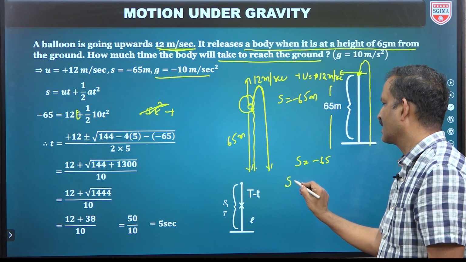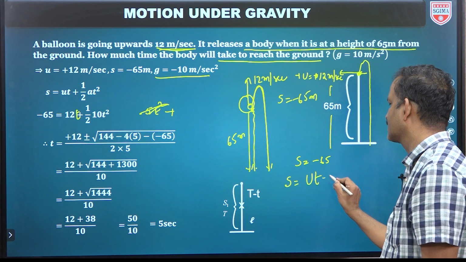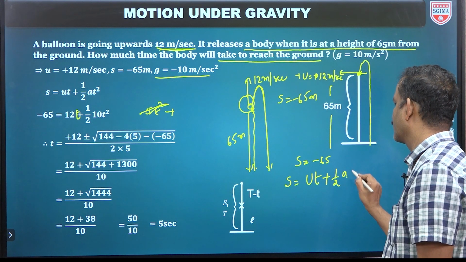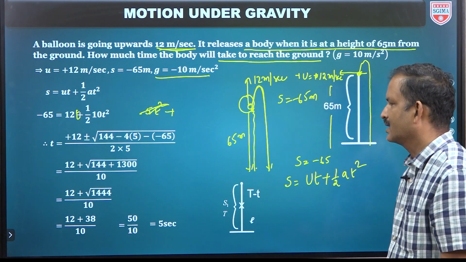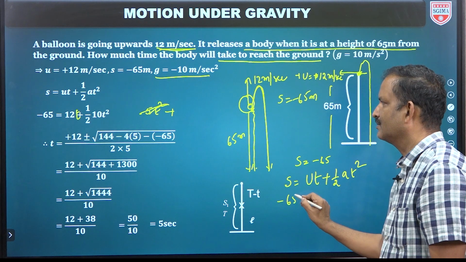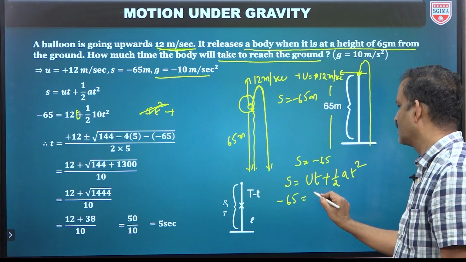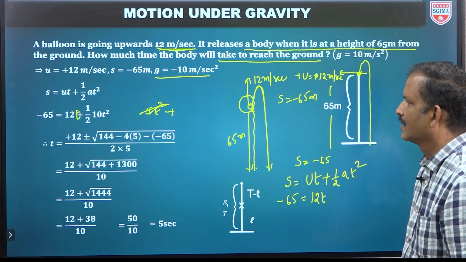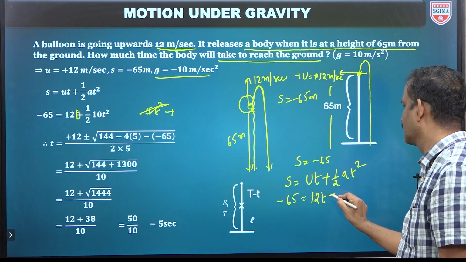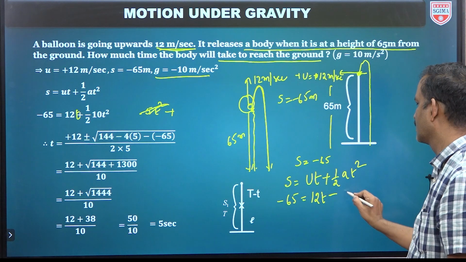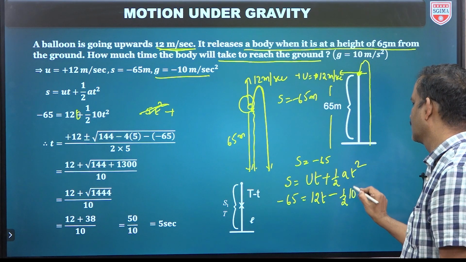What is the equation I will write? s is equal to ut plus half at square formula. s is minus 65, u is 12t, minus a is 10t square.